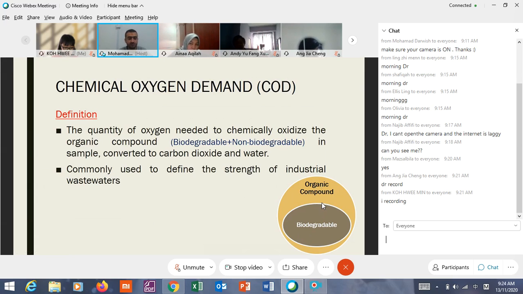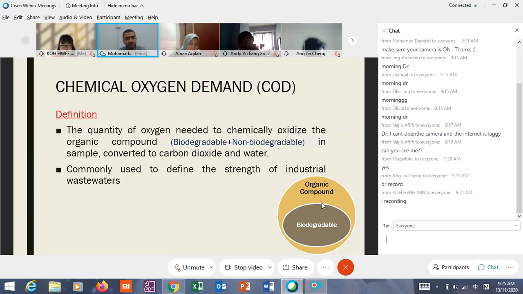This is commonly used to define the strength of industrial wastewaters. Why commonly for industrial wastewaters? Because in industrial wastewater, organic compounds are mostly non-biodegradable. On the other hand, in domestic wastewater, most of the organic compound is biodegradable.